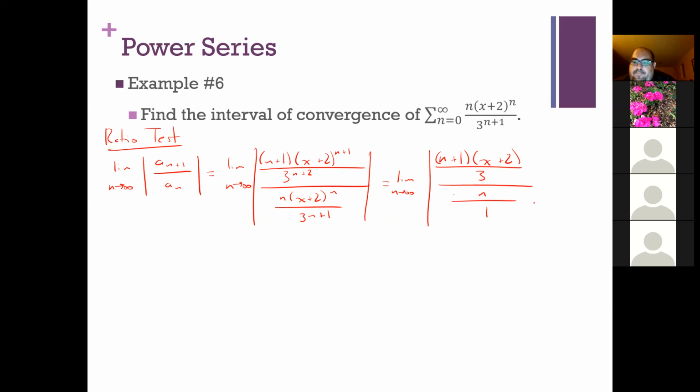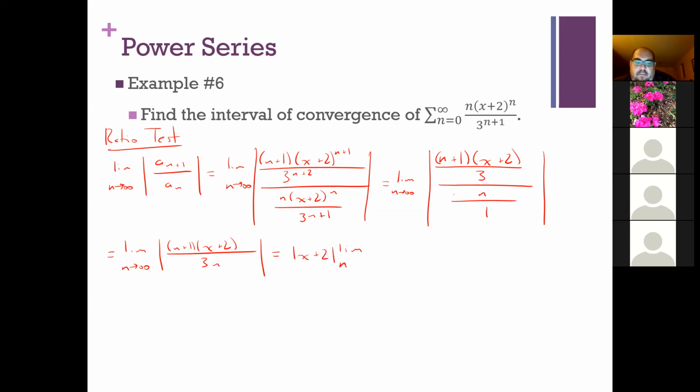And this is going to be 1. Just to make this easier to look at, let's pull out the absolute value of x plus 2.